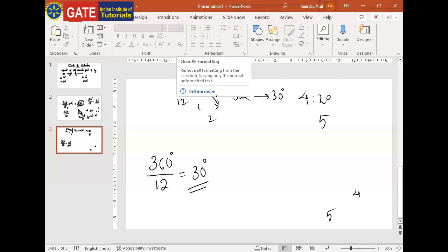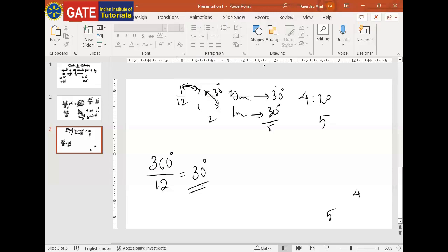So, just imagine this. For each division, that is between 12 to 1, you are having an angle of 30 degree. 12 to 1, fix this in your mind. For each 5 minutes, you are having an angle of 30 degree. So 5 minutes, 30 degree. Then 1 minute, how many degree? 6 degree. 30 degree divided by 5, that's equal to 6 degree. So for 1 minute, it is 6 degree, right?